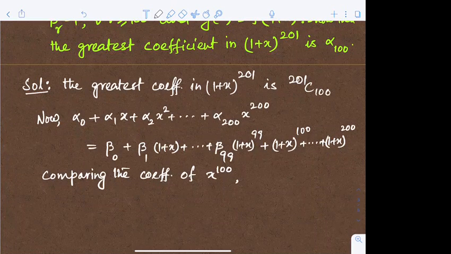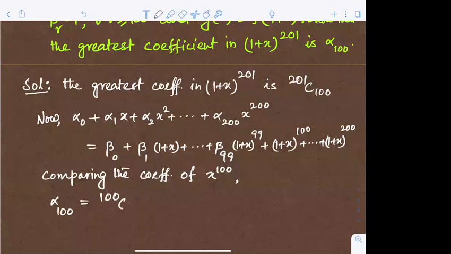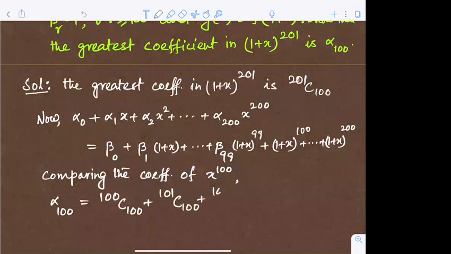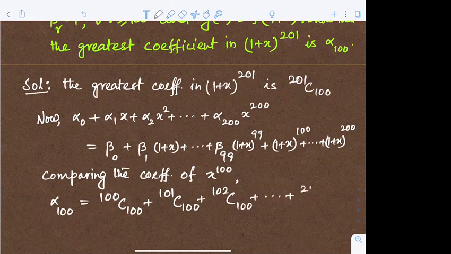That will be alpha 100, and in the right side, x power 100 will first appear in this term, 1 plus x whole power 100. So that is 100C100. After that, from the next term it will be 101C100, then 102C100, plus up to 200C100. So that should be our alpha 100.